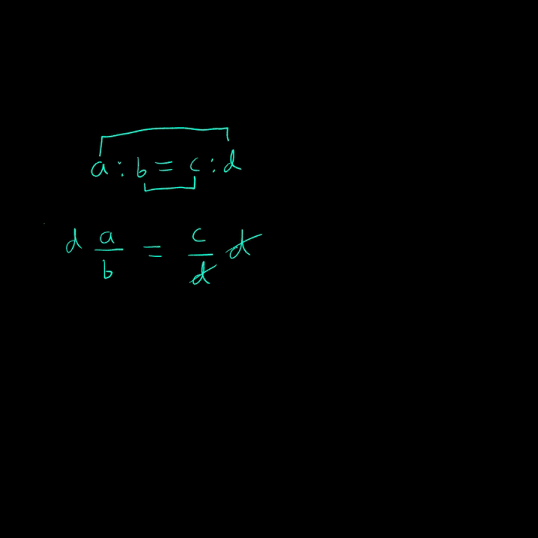Then we multiply both sides by B. Our B's cancel here. And we get AD equals BC, which is really what we have in our means extremes property. So really, the means extremes property follows just about directly from looking at our proportions using ratios in fraction terms, or using fractions to express our ratios.